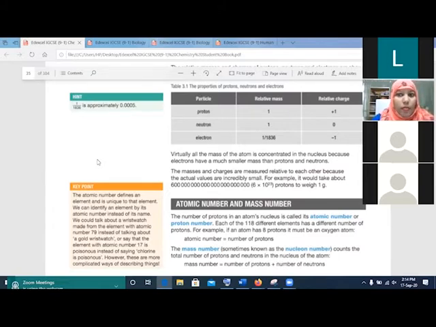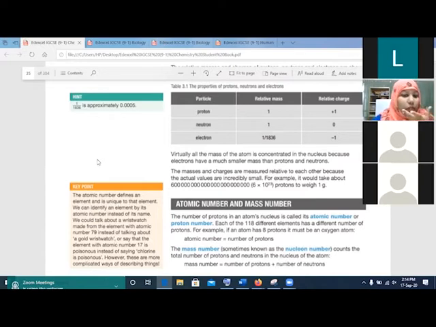Like the atomic number of magnesium is 12, aluminium is 13, potassium is 19, and oxygen is 8, and they're fixed for every single element. Aluminium cannot have the atomic number of oxygen. Hydrogen cannot have the atomic number of nitrogen. So all these elements have fixed atomic numbers, and the atomic number gives the identity of the element.